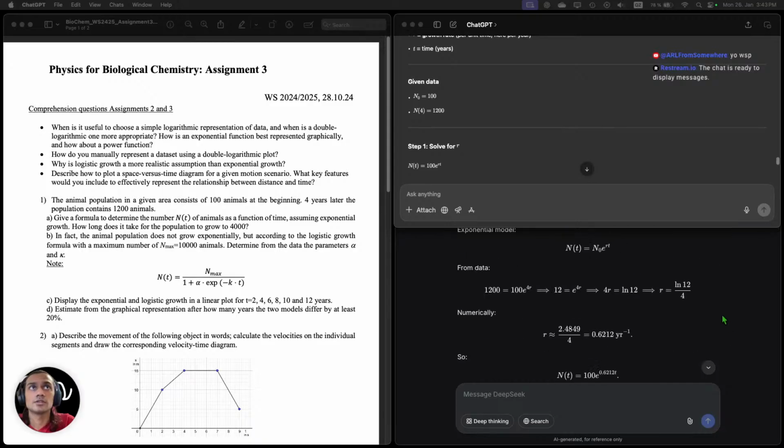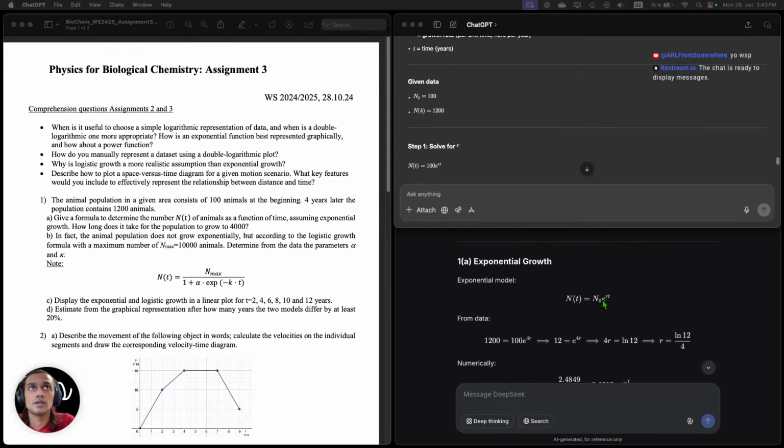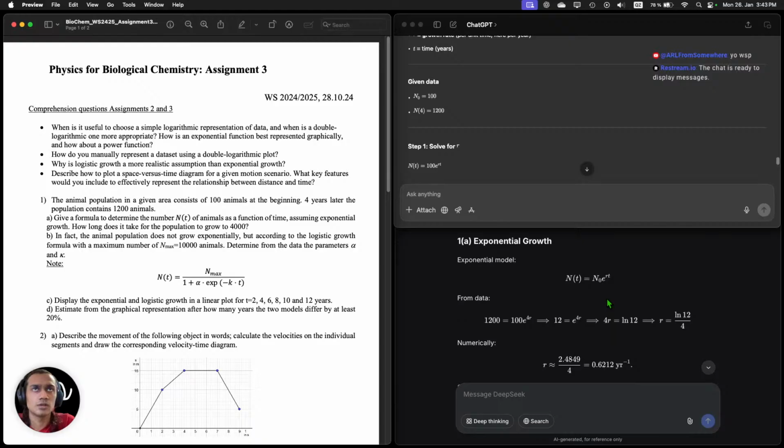Okay, so if I solve for R, 100 e raised to RT, t is 0, t is 1 or 0? No, 4. Okay. Why did we take the 4?